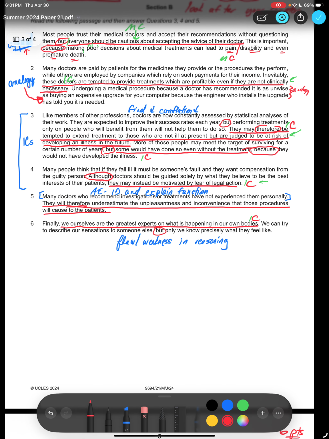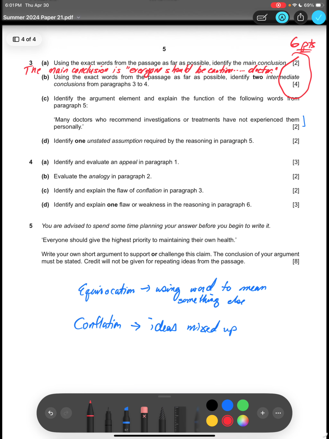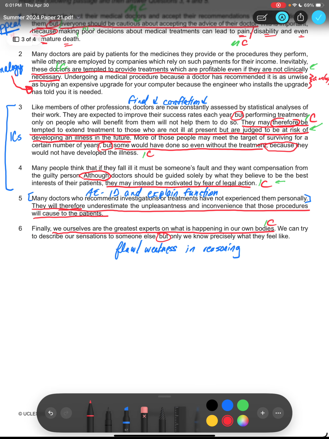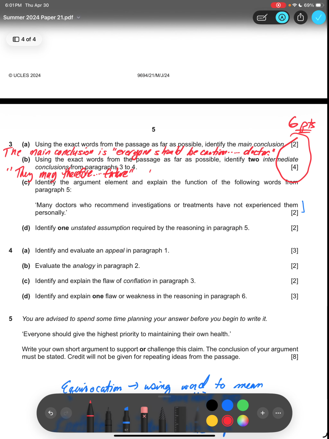And then for the next question, we have they may therefore be da-da-da-da-da future. That doesn't make any sense by itself, but it's the first one we have here. Some would have done so even without the treatment. So you have some would have done so even without the treatment.